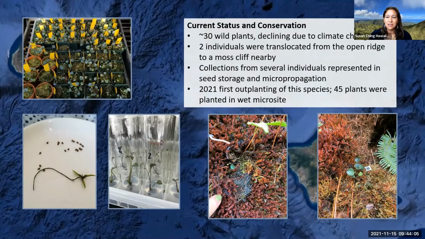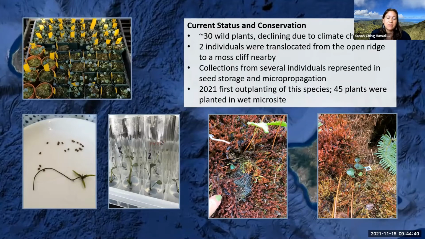They're hard to catch in fruit. We're also noticing that the slope is being exposed to a lot more hot, dry, cloudless days, and the moss that they live in is drying out. So I did a translocation of an individual from the dried moss to a wetter patch of bryophytes, as that picture shows in the middle there. It also shows some of the seed collections and plants in micropropagation.